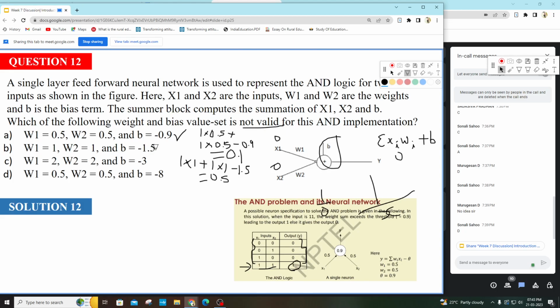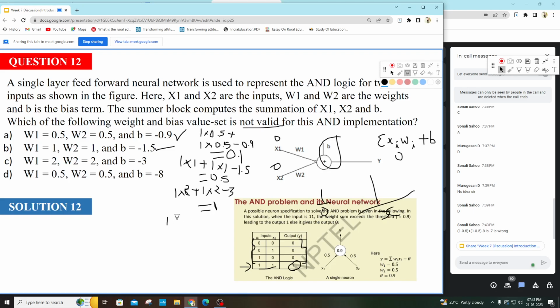So this can also happen for this AND implementation. Now 1 into 2 plus 1 into 2 minus 3, now it is coming 1. This can also happen. But what about D?